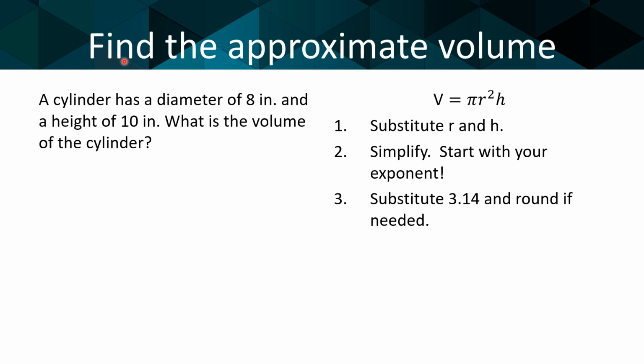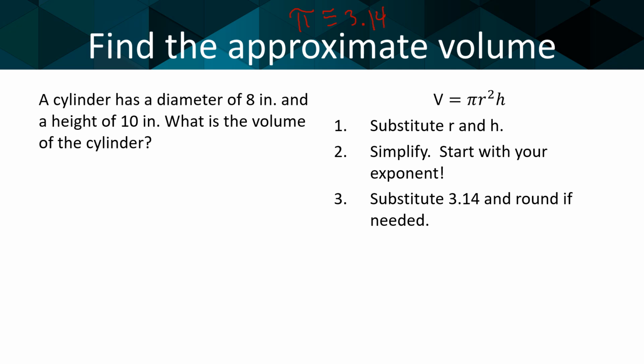Now in this next example, you'll notice that our instructions are slightly different. Find the approximate volume. So when it says approximate volume, that's when we know what to do. I am going to replace pi with 3.14.